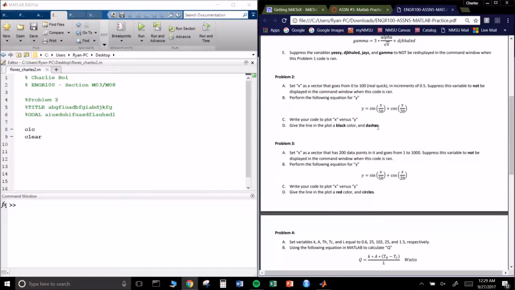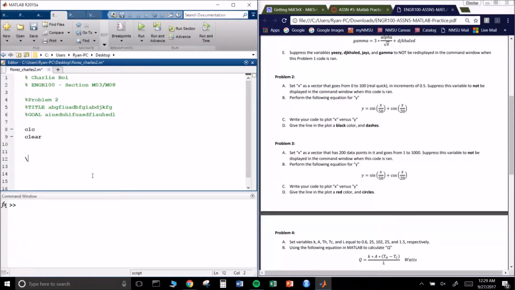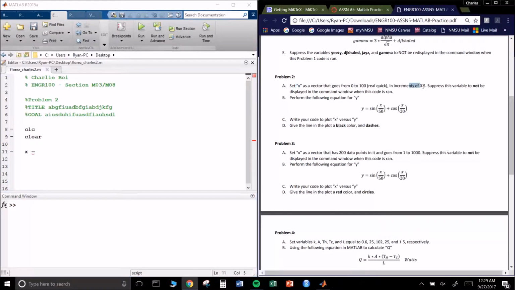And now I will go to A. So set X as a vector that goes from 0 to 100 real quick. X needs to go from 0 to 100 in increments of 0.5.